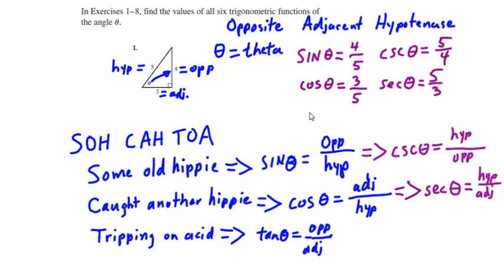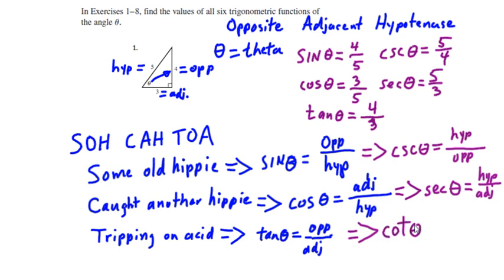And finally, our tangent theta is equal to our opposite over adjacent, which is going to be 4. Opposite side is 4, our adjacent side is 3. And similarly to determining the cosecant and secant, the reciprocal of tangent theta would be cotangent theta, abbreviated COT.